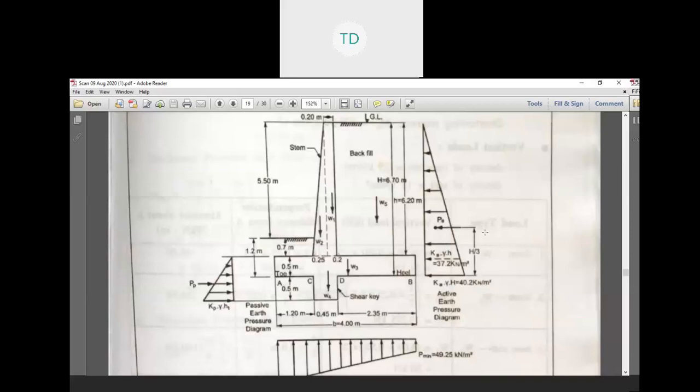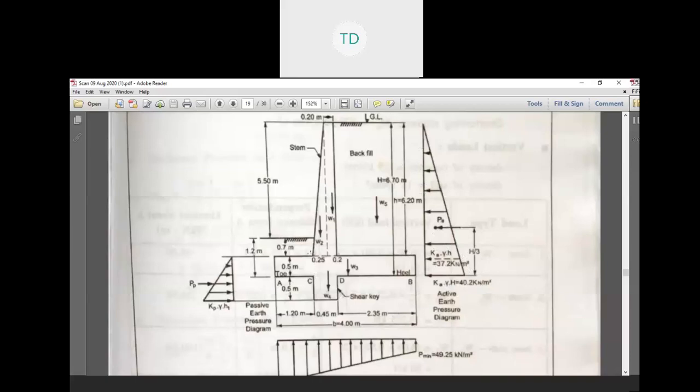As we see, the pressure diagram increases from top to bottom, so it is easy to assume that at the base the pressure is very high and at the top the pressure is very low compared to the base.